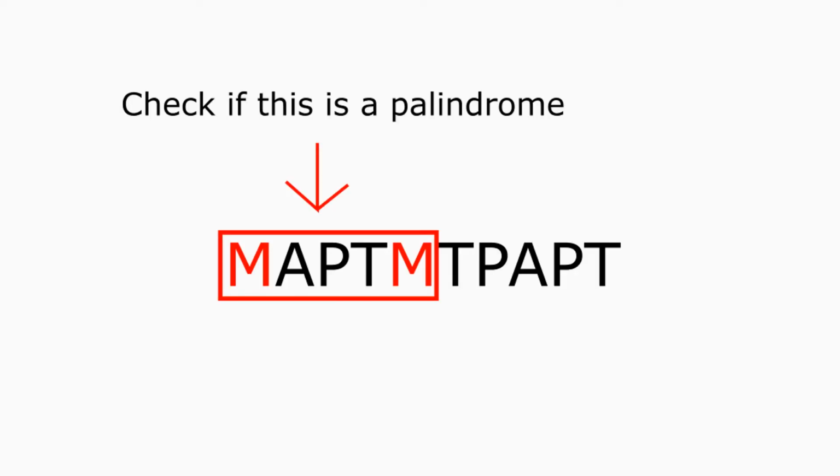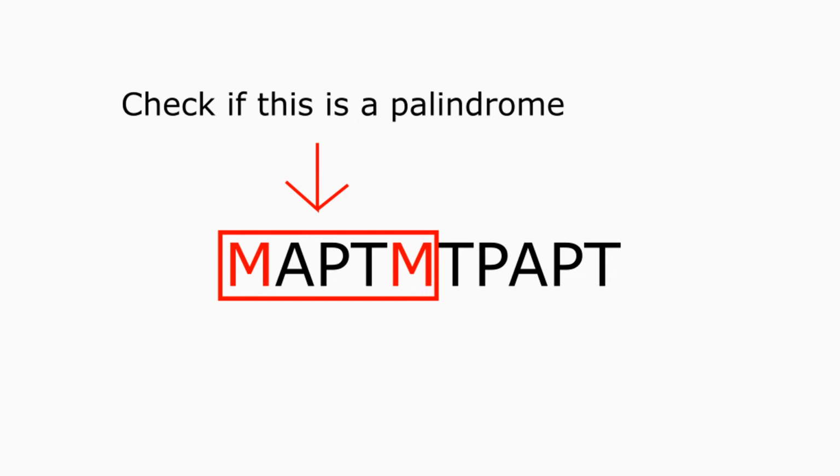If the palindrome starts with M, it also has to end with M. So once I'm on M, I want to find another M, and then see if the string in between is a palindrome or not.